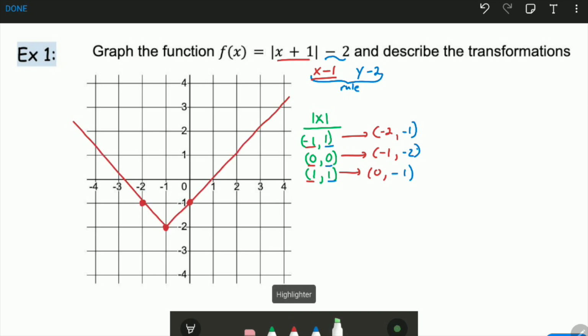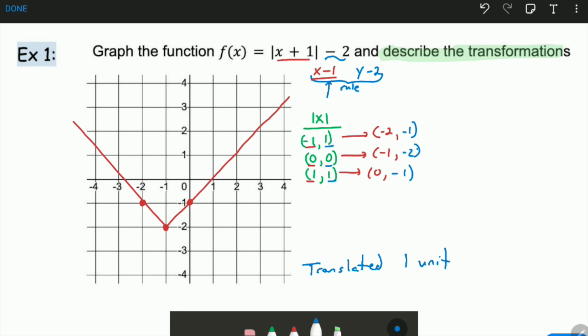We're supposed to describe the transformations as well. So based on the rule, we only have addition and subtraction in the rule. Therefore, we only have translations. So this graph has been translated. For the x rule, we have x minus 1. So 1 unit.